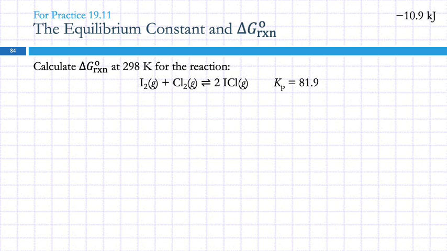So calculate delta G0 at 298 K for this reaction, and we're given the equilibrium constant.